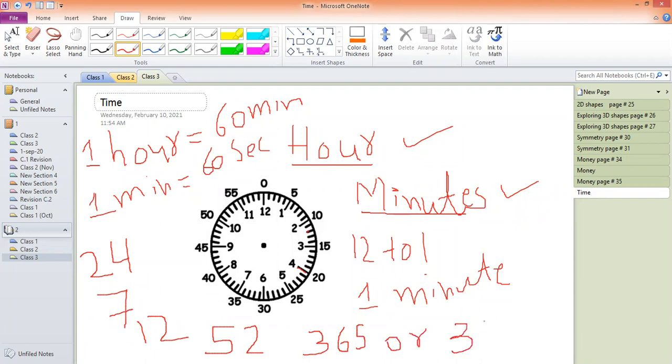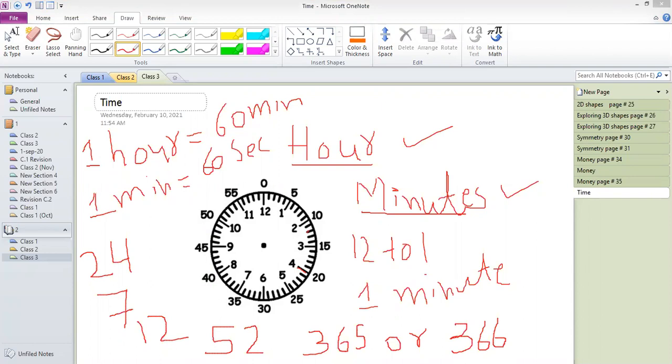These are some basic facts: 1 hour equals 60 minutes, 1 minute equals 60 seconds. In 1 day, there are 24 hours, and in 1 week, there are 7 days.